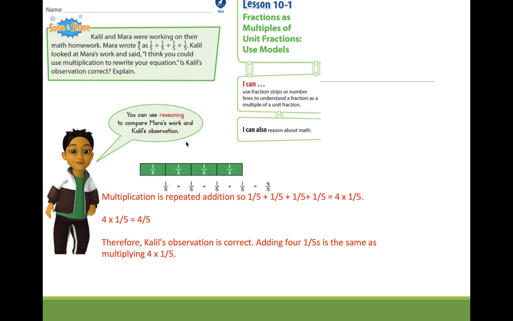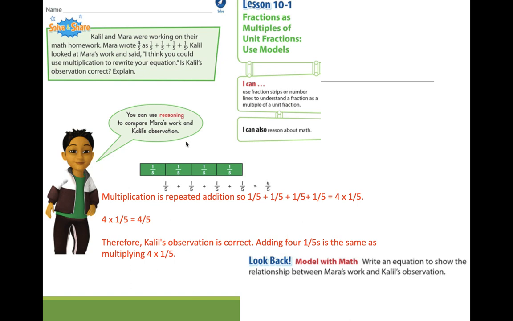You can use multiplication when you have the same fraction over and over. So if we have 1/5 plus 1/5 plus 1/5 plus 1/5, we can turn that into a multiplication statement and say 4 times 1/5 equals 4/5. So Khalil's observation is correct. Whenever you have the same fraction or same whole number repeated, you can use multiplication.